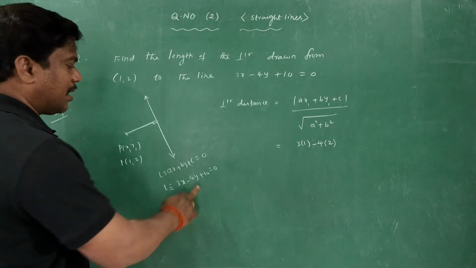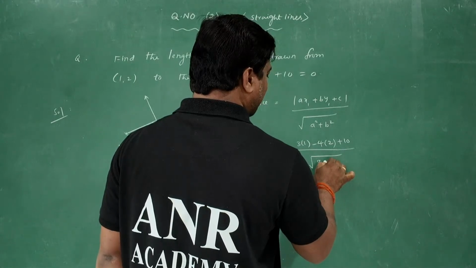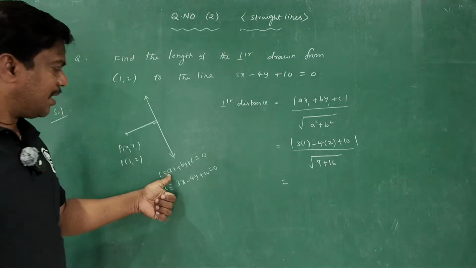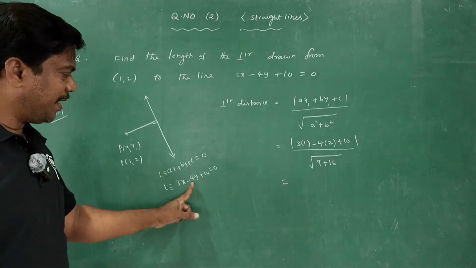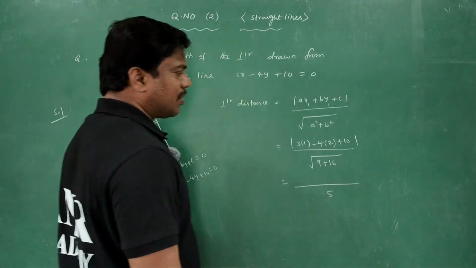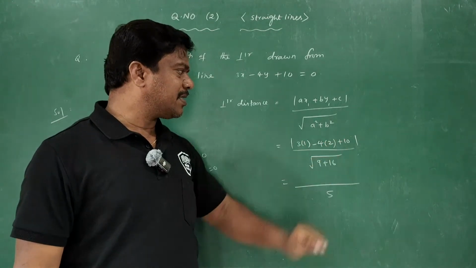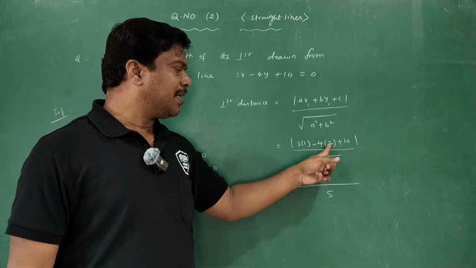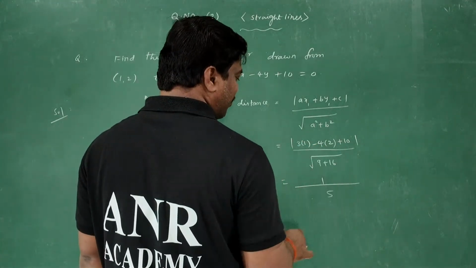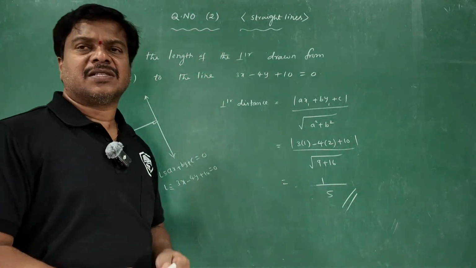Next the constant, plus 10, divided by the square root of a square plus b square, that is 3 square plus minus 4 whole square, which gives 25. The denominator is 5. In the numerator, this is 3 minus 8 plus 10. 10 minus 8 is 2. Next 3 minus 2 becomes 1. Therefore, the perpendicular distance is 1 by 5. That is your answer.